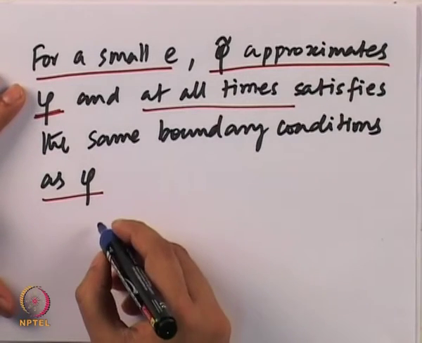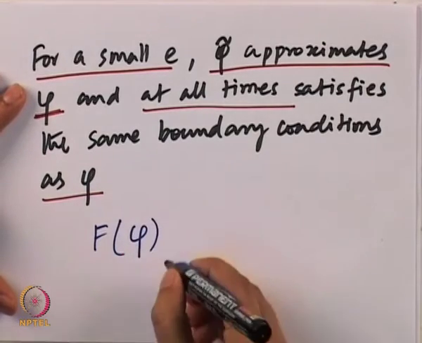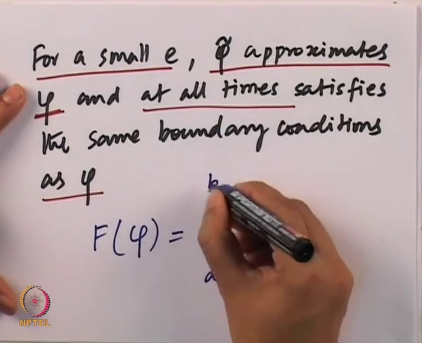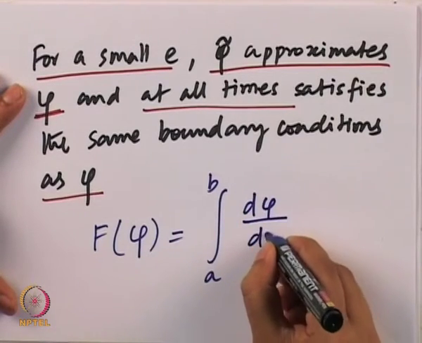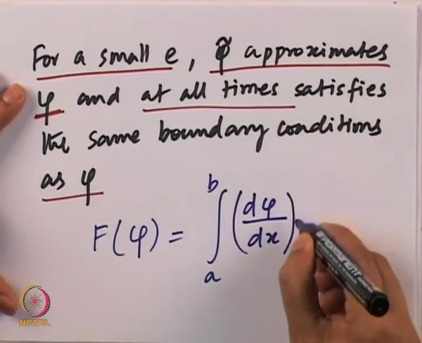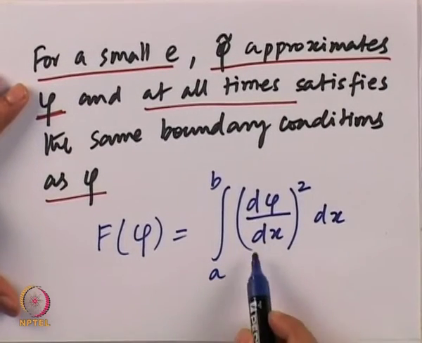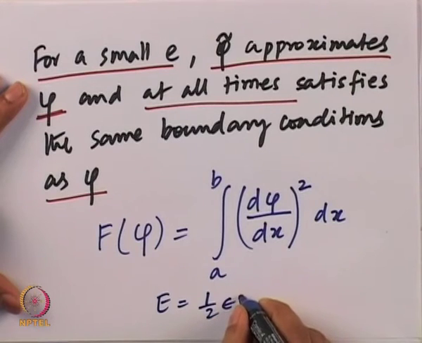Let us say we call this function f, which is a function of phi, equal to the integration over the domain A to B of d phi by dx the whole square dx. You can see this has some similarity to the energy function. So the energy stored in the classical case will be E equal to half C V square.